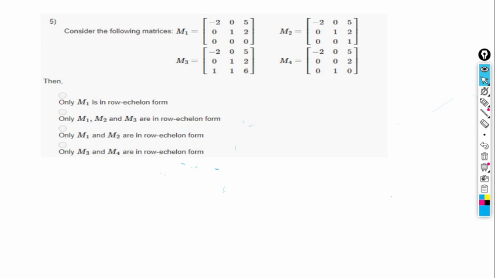Yes, ma'am. We have to discuss the similar type of questions, not exactly those questions. Okay. So we will be solving some similar questions which will help you to solve the assignment questions. Okay. So please solve it and tell me the answer.